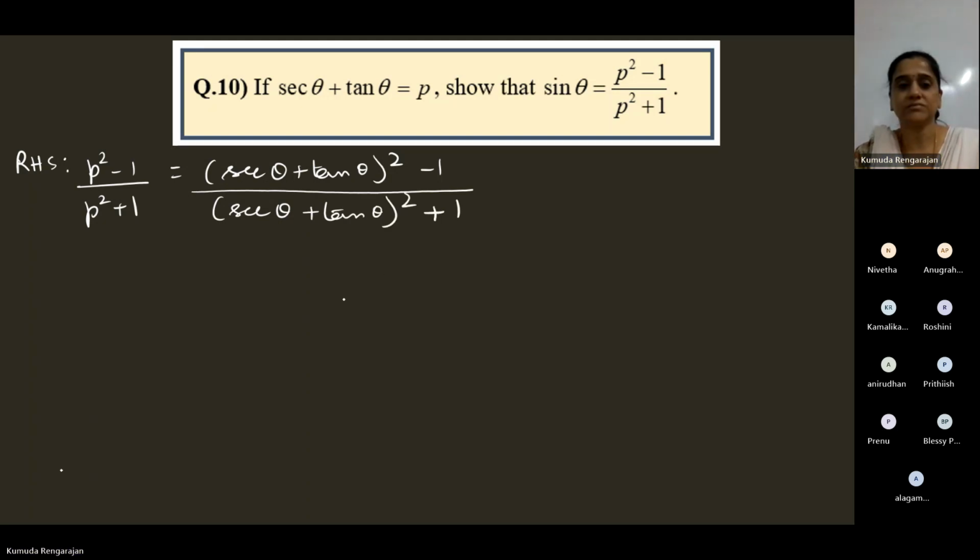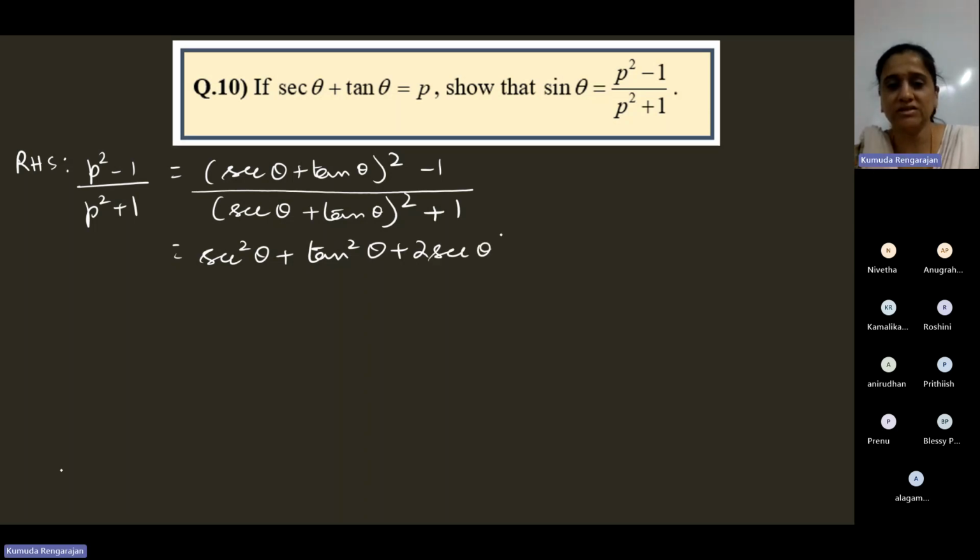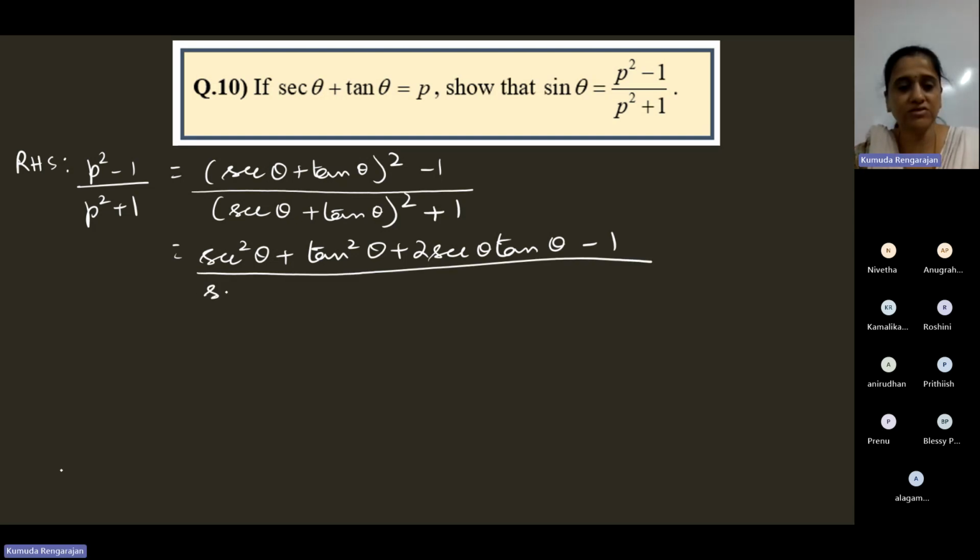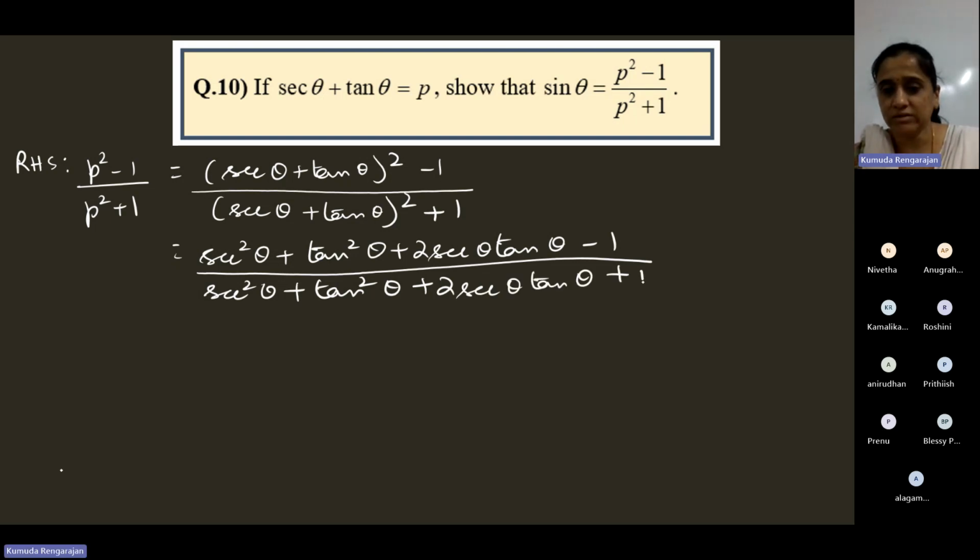So that is secant square theta plus tan square theta plus 2 secant theta tan theta minus 1, divided by secant square theta plus tan square theta plus 2 secant theta tan theta plus 1. Now in the numerator we have minus 1, in the denominator we have plus 1.